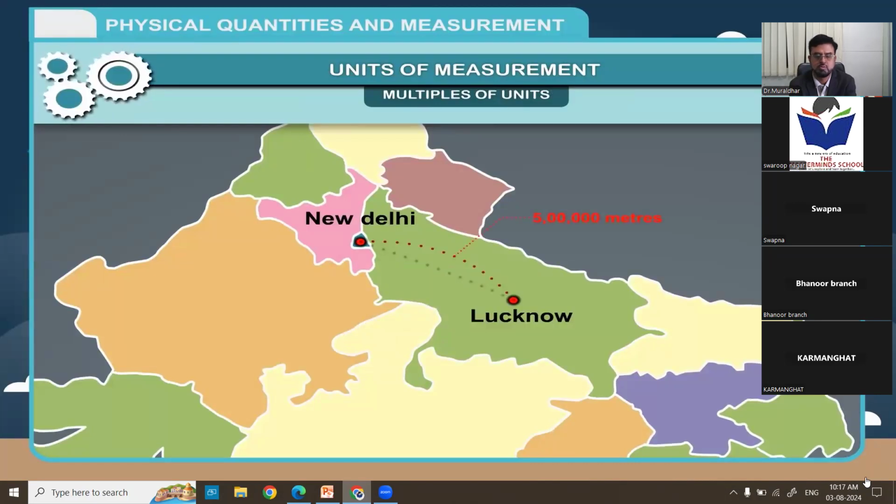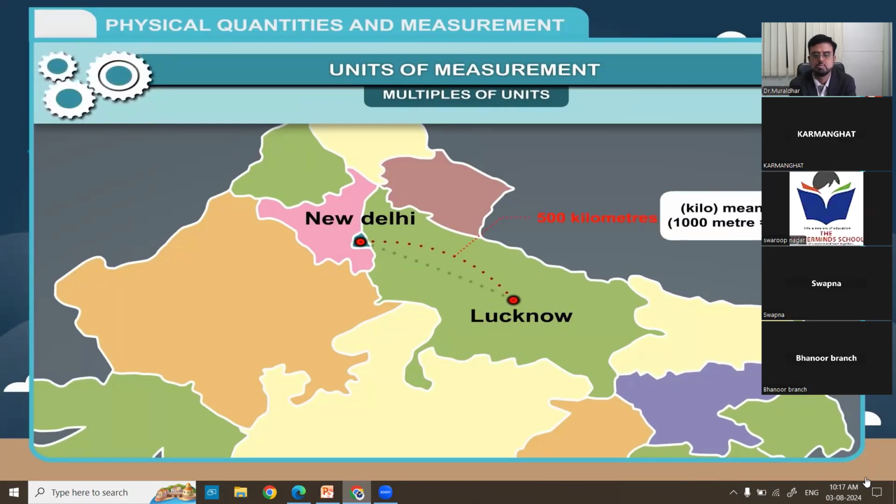The easy way to say this is, the distance between Lucknow to Delhi is 500 kilometers. Here, kilo means 1000, 1000 meter is equal to 1 kilometer. The higher units are called multiples of units.